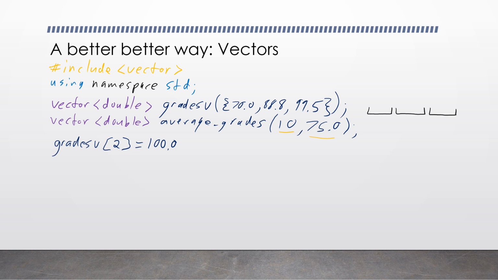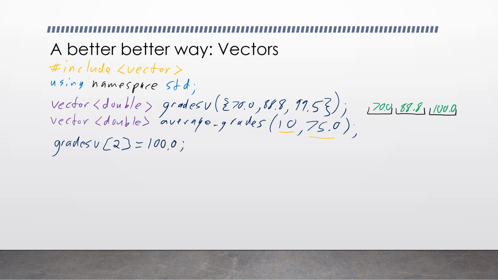So this first statement here creates 3 memory boxes, fills them up with 70.0, 88.8, 99.5. This one finds spot 2 and refills it with 100.0. Okay, so you could do that with an array though.